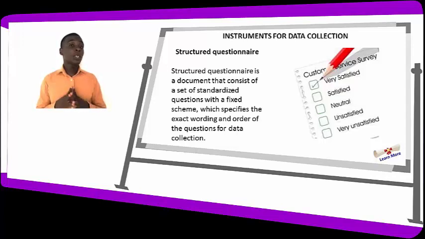If you look at those questionnaires, you'll find out that some of them come with objective questions where you have strongly agree, agree, strongly disagree, and disagree. So they have already predicted the answers to the questions for you. It is left for you to tick your opinion about that question. You tick A for agree, SA for strongly agree, D for disagree, and SD for strongly disagree.